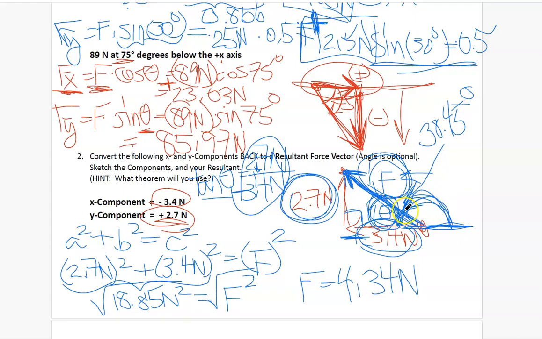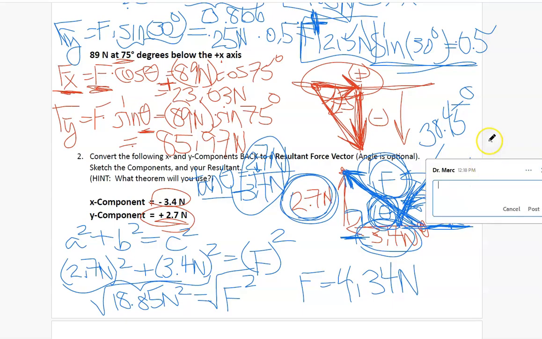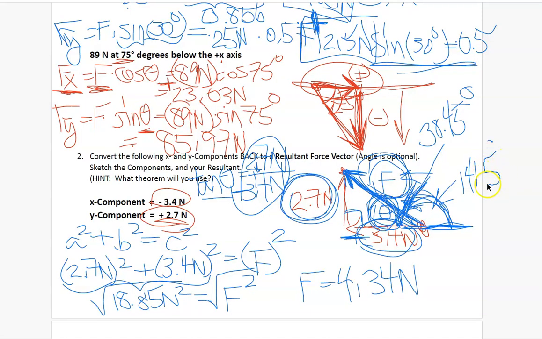And then this angle here, which would be the technical official angle, is 180 degrees minus that. So this is way beyond the scope of what you required, but that angle would be 141.55 degrees, which is the angle from the horizon going around.